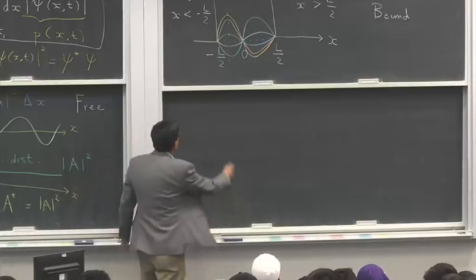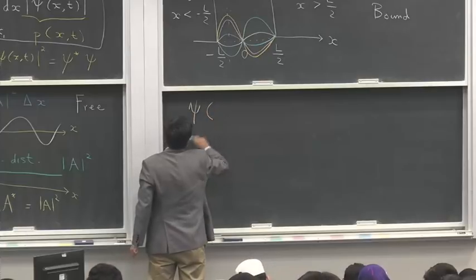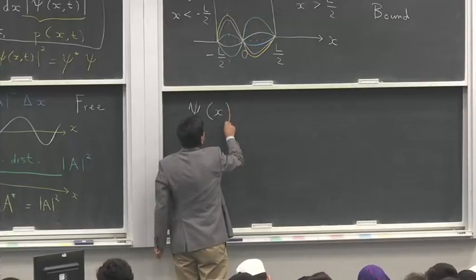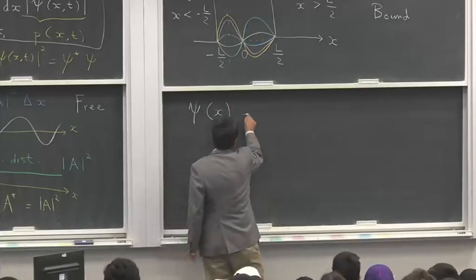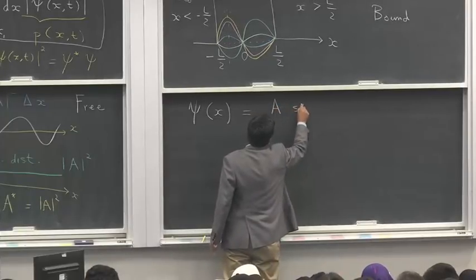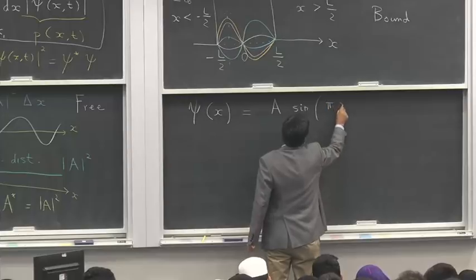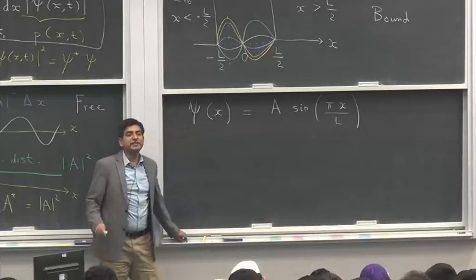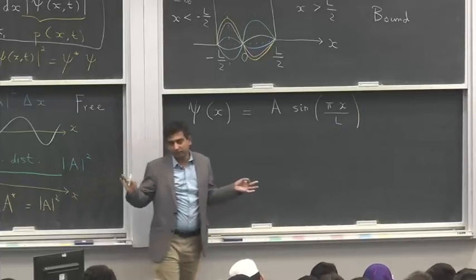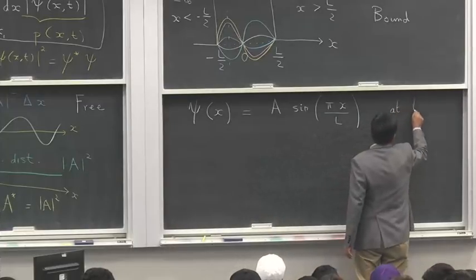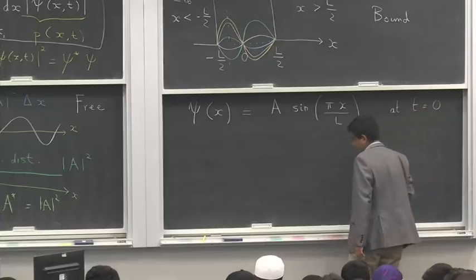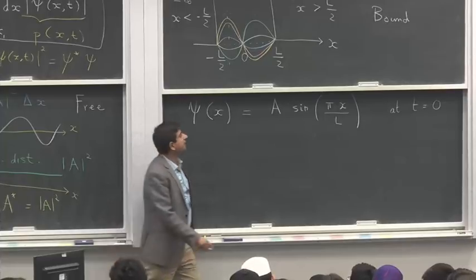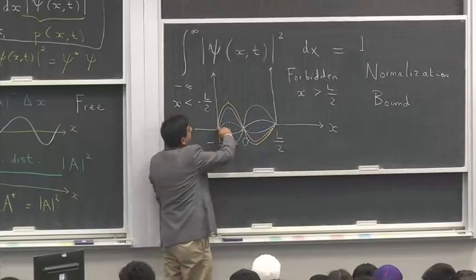I write down the wave function as a function of x, and at some time the wave function is given by a sine of pi x over L. Suppose this is the wave function at some time t equals 0.